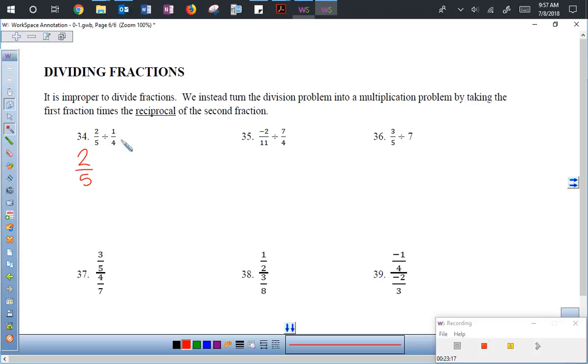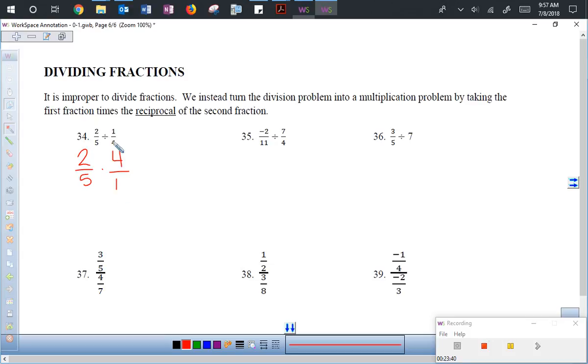And instead of divide by 1 over 4, we're going to change that to a multiplication problem. And we are going to find the reciprocal of the second fraction. Now what that means is we're just going to take this second fraction and we are going to flip it over. Whatever was in the denominator is now in the numerator, and whatever was in the numerator is now in the denominator.